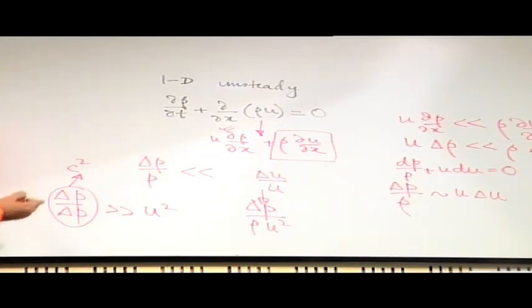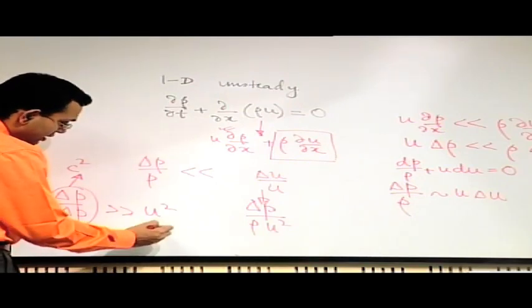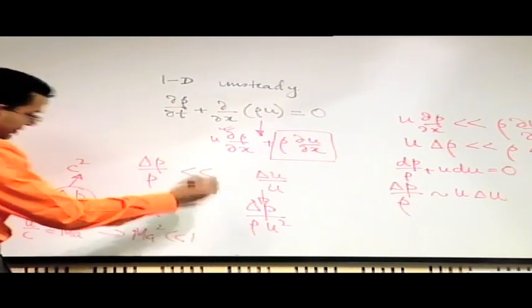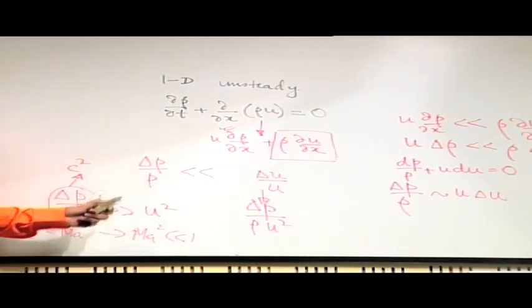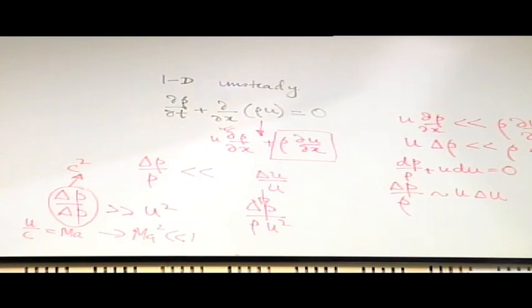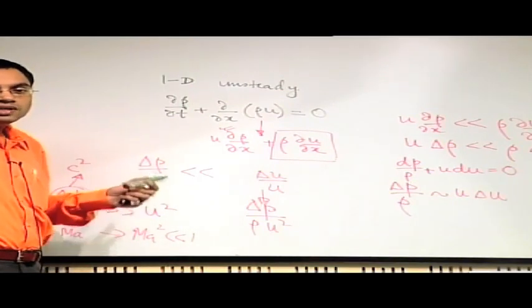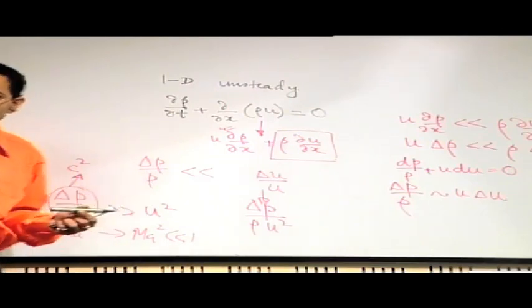Since u by c, that is the fluid speed by the sonic speed, is known as the Mach number, we can say that this is as good as Mach number square is much less than 1 in terms of the order of magnitude. So, from this what follows is that if it is a very low Mach number case, then the situation may be treated as if it is like an incompressible fluid.